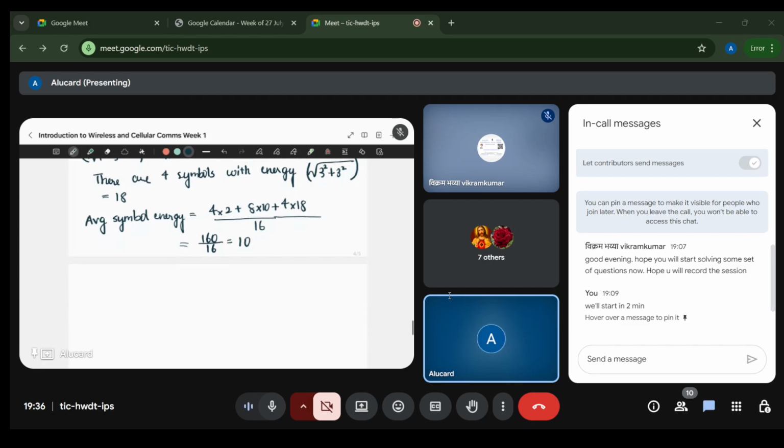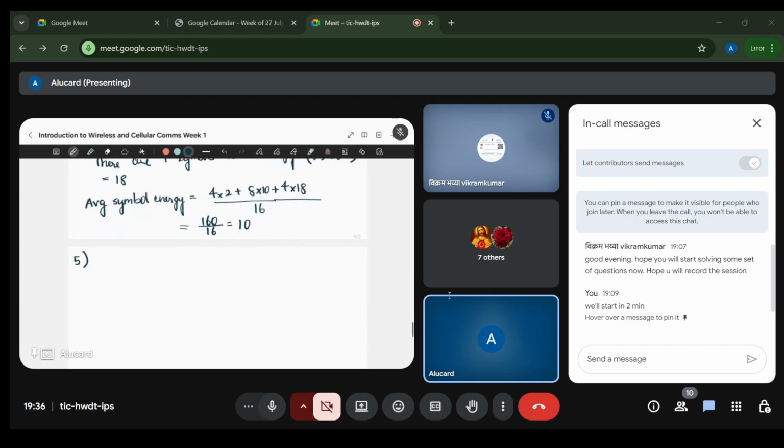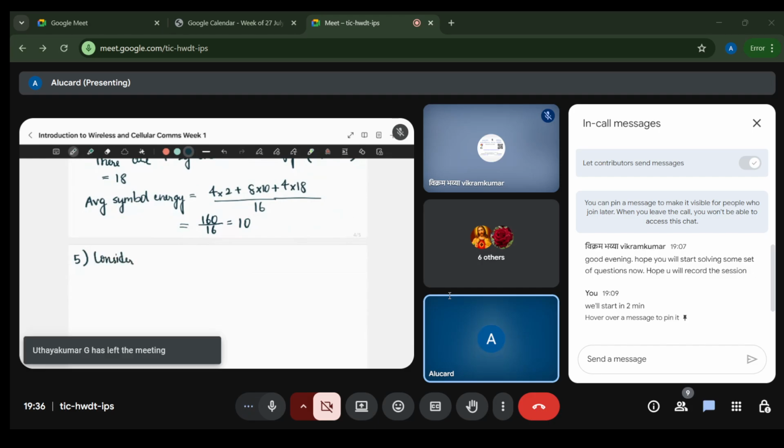Next, question 5. Consider the magnitude response.